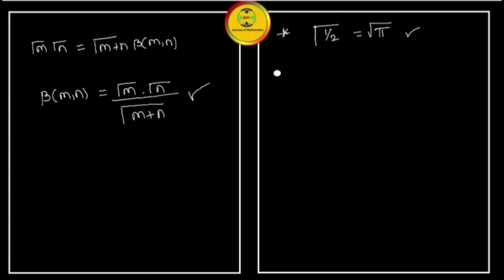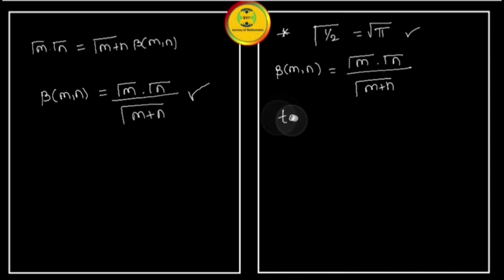So since we know beta of m comma n, according to the property, is gamma of m into gamma of n divided by gamma of m plus n, take m is equal to half, n is equal to half.